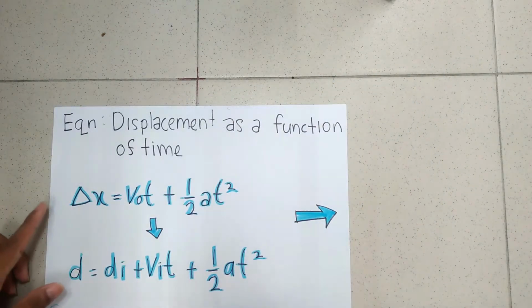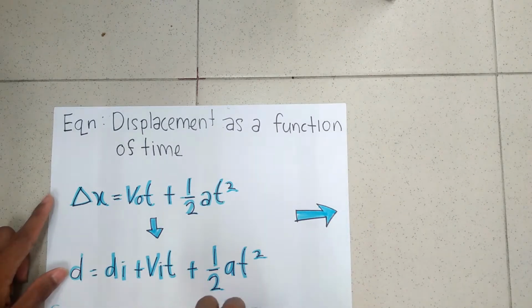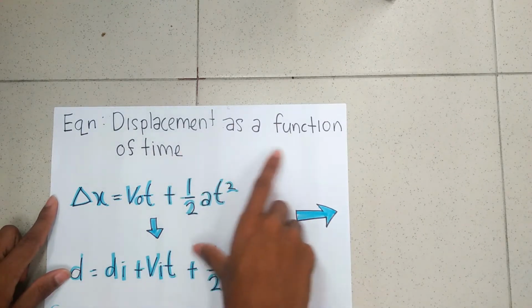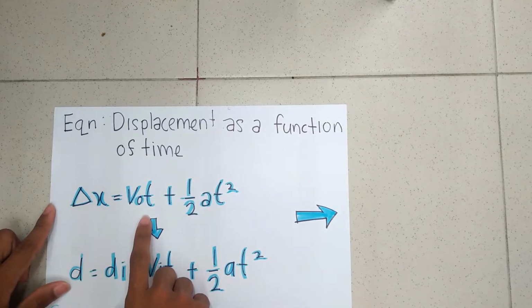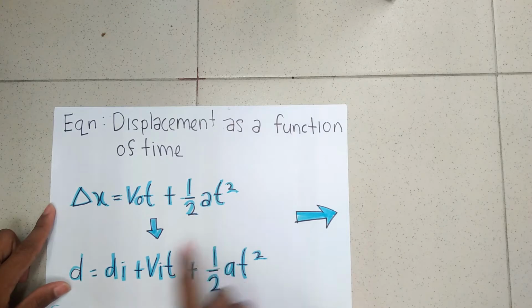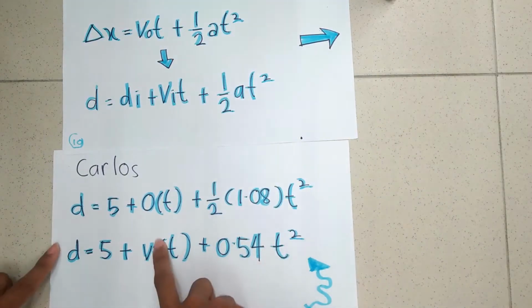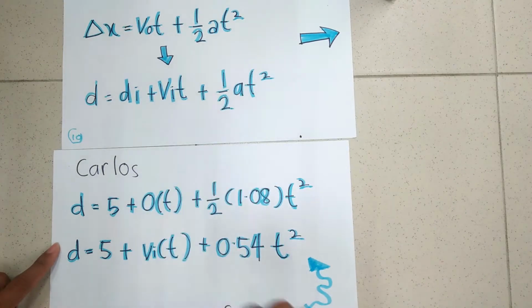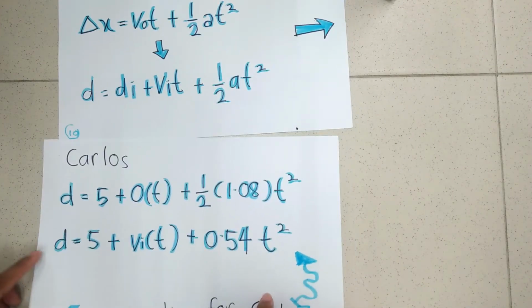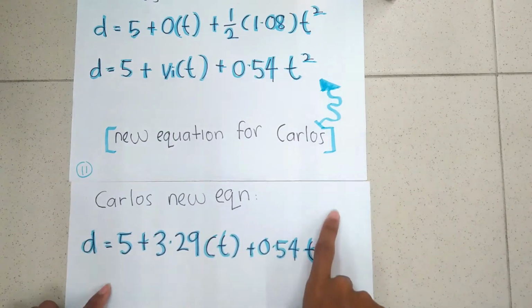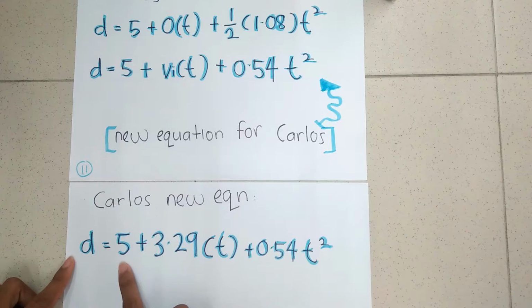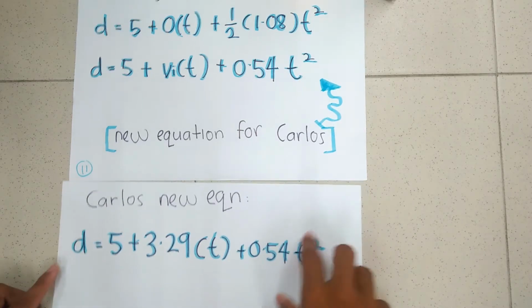Okay, we need to find a new equation. So we use the equation of displacement as a function of time: delta x equal to v naught t plus half a t squared. From the equation, we can put all the information into the formula to get the new equation for Carlos: d equal to 5 plus 3.29 t plus 0.54 t squared.